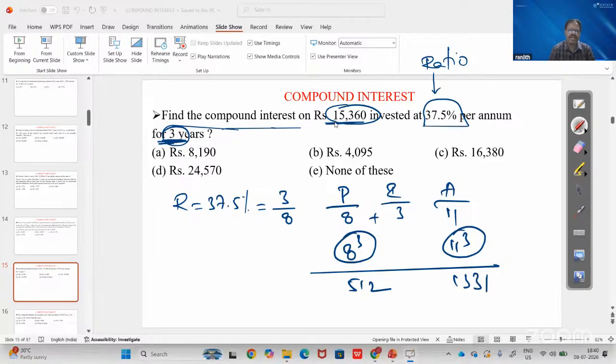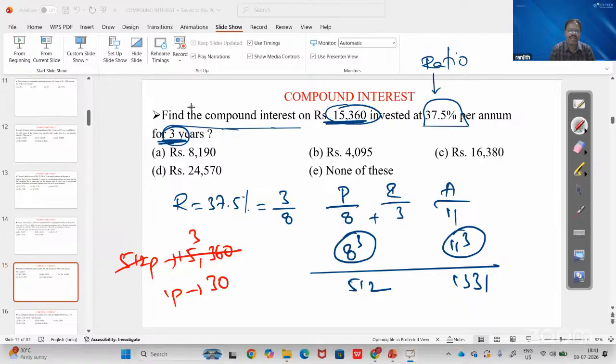So what is the amount is given? Find the compound interest invested. Invested is nothing but principal is given. 512 parts will be equal to 15,360. So where one part equal to, in 5 table 15, 3 times, where one part equal to 30.